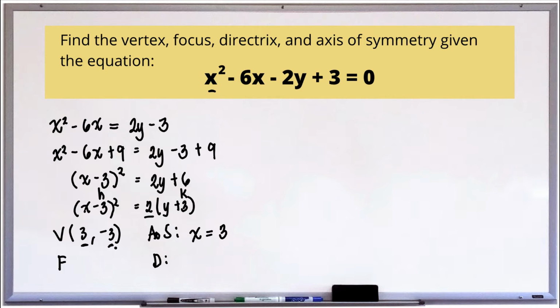or y-coordinate of our vertex? The pattern tells us that the value of p must be added or subtracted with respect to the variable that is not squared. In this case, it's the y coordinate.